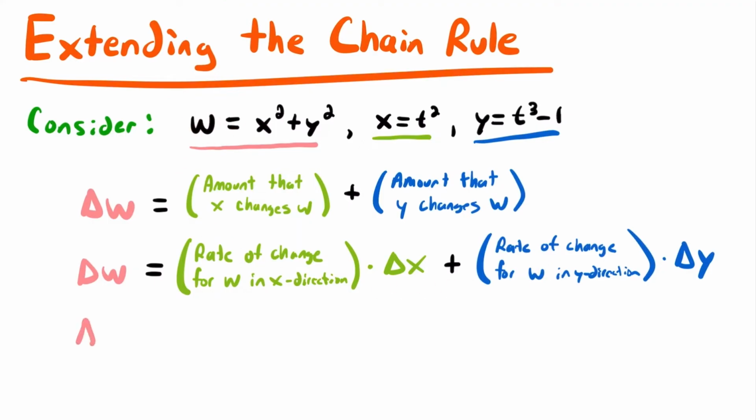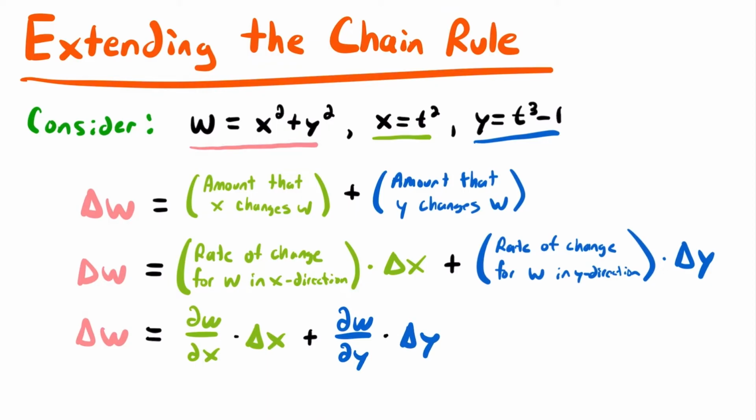Okay, so what we get here is that the change in w is equal to the partial derivative of w with respect to x multiplied by the change in x, plus the partial derivative of w with respect to y multiplied by the change in y. All right, and so now we have a nice mathematical expression, but we're not quite there yet.